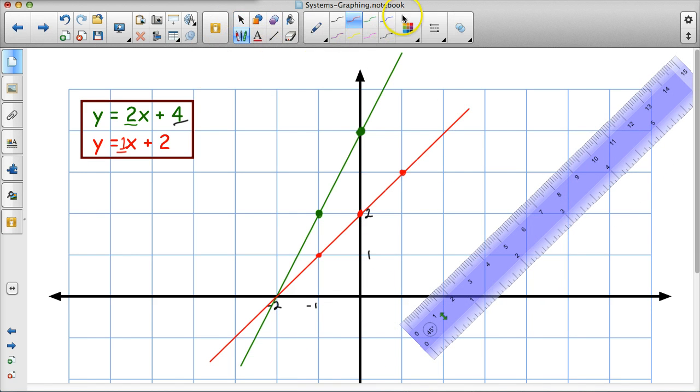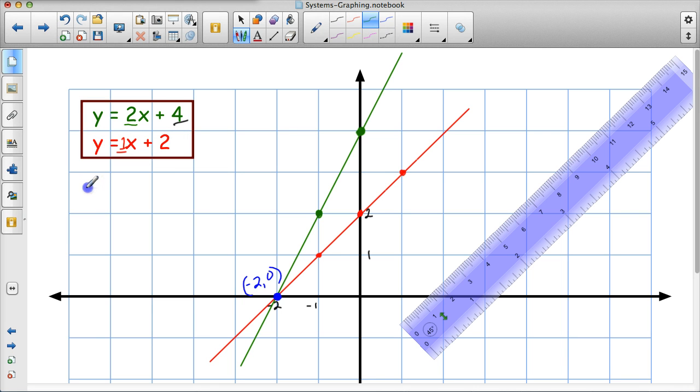Remember that we said that the point of intersection of the lines in our system gives us the solution to our system. In this case, the solution to our system is -2, 0. I can check that point in my 2 graphs to make sure that it makes my statement true.